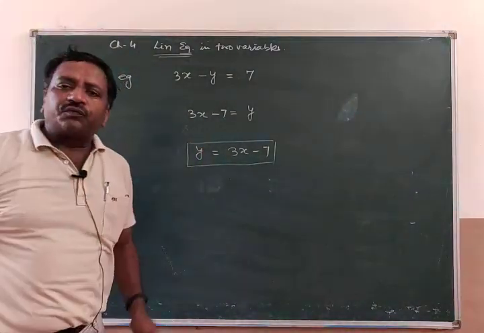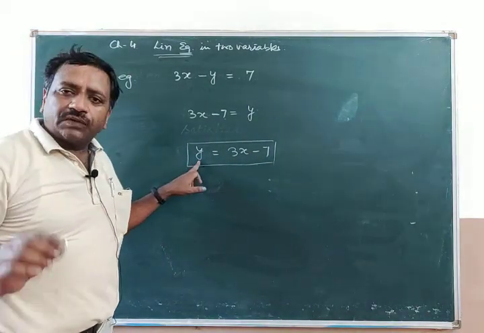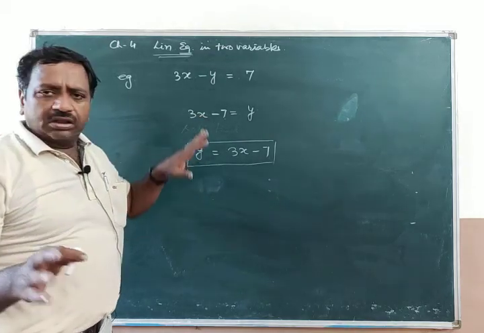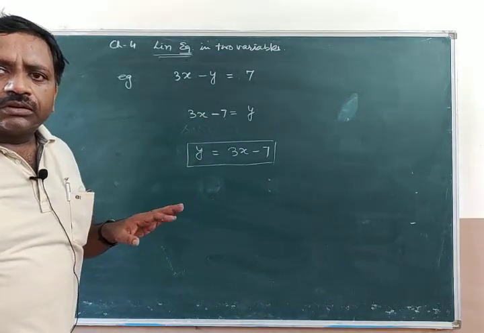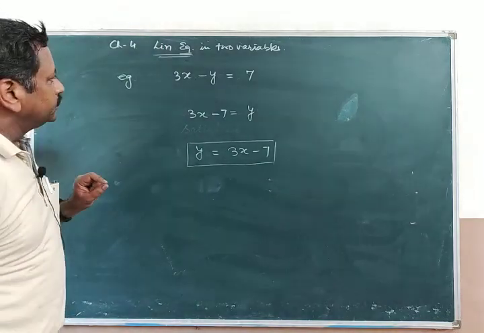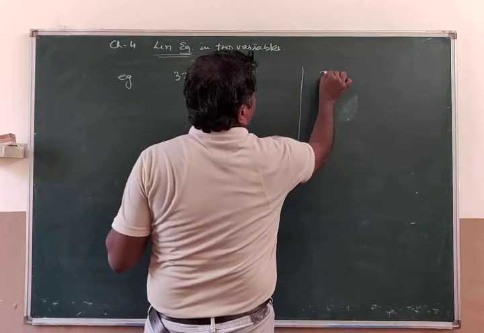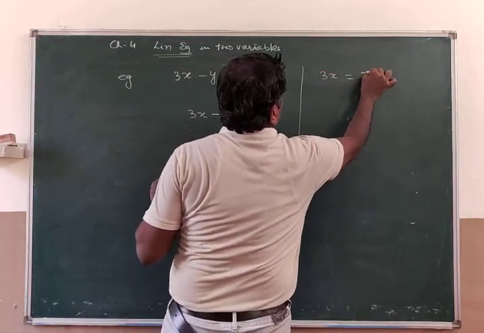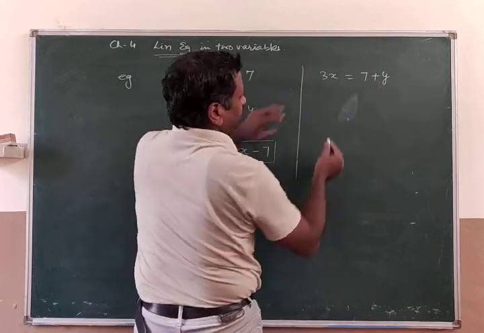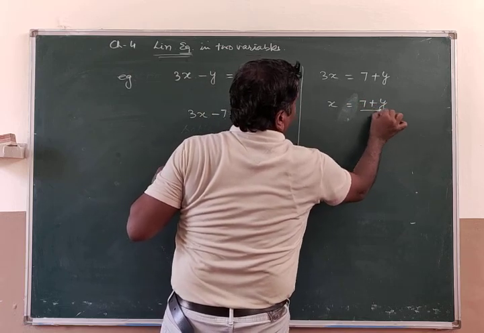So this is the way of finding out the solutions. Easy way: find out the value of one variable in terms of the other variable, whichever is the easy one. That variable should be taken. You can take it like this also: 3x equal to 7 plus y. Shift the y to that side, x equal to (7 plus y) upon 3.